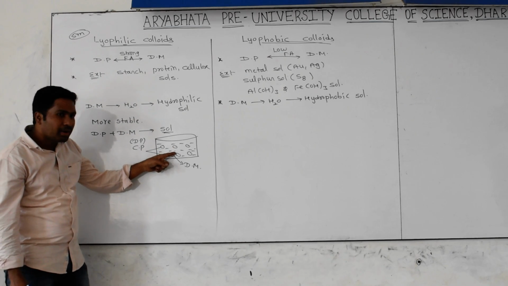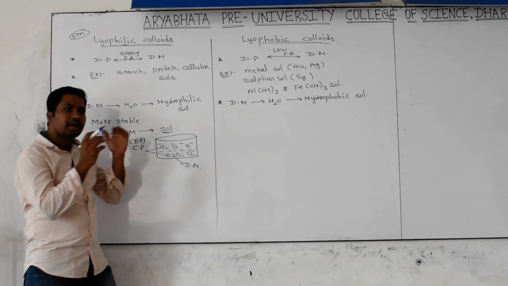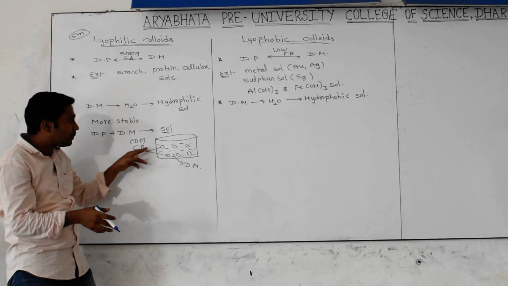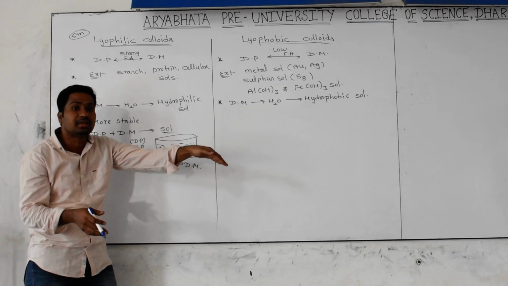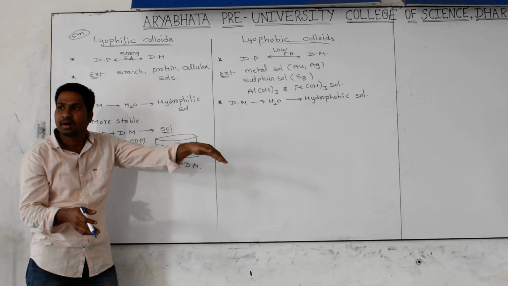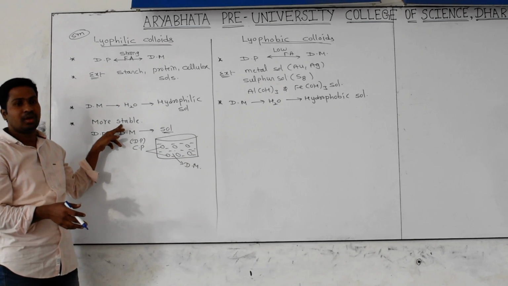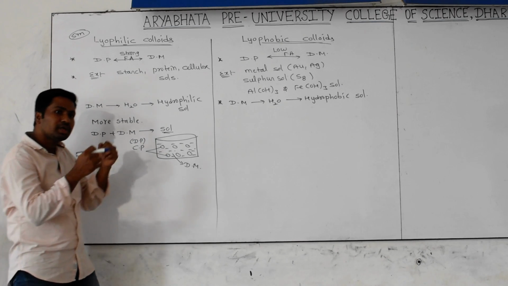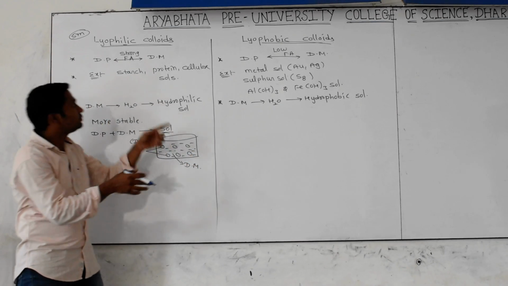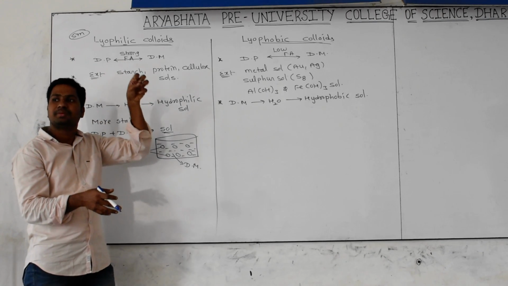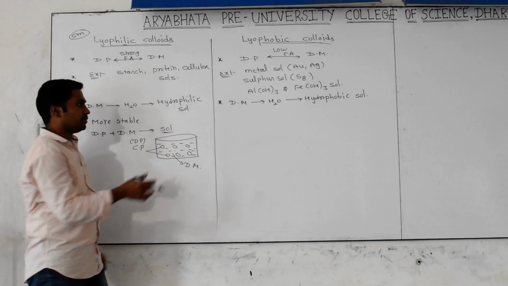Colloidal particles always want to interact with the dispersion medium, meaning colloidal particles will always be mixed with the dispersion medium. Are you understanding? That character is called more stable. Why do they always want to stay with the dispersion medium? Because the dispersed phase particles have strong attraction with the dispersion medium.